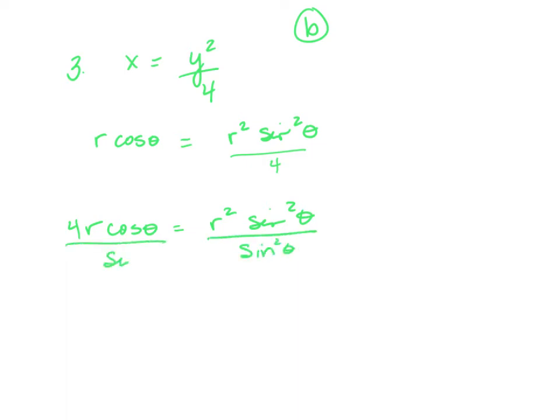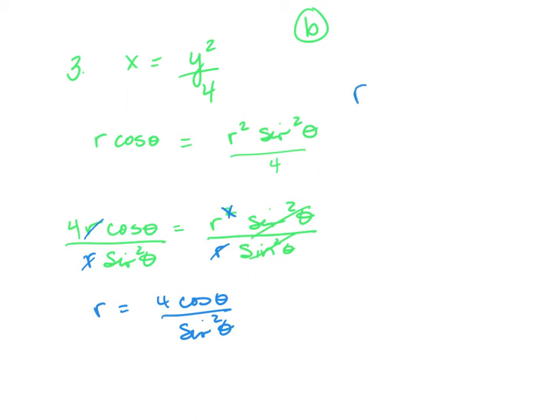Take your time, and then you won't make any silly mistakes. So now I've got the r squared all by itself. So now, if I divide both sides by r, that r goes away, and there's just an r left over there. So now I have that r equals 4 cosine of theta over sine squared of theta.